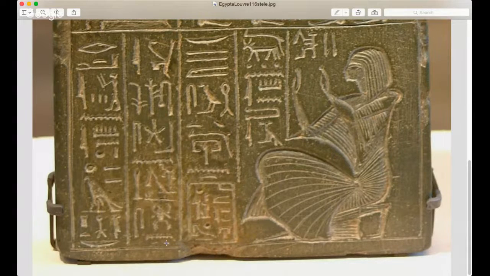All right. So if you just go through the whole column, just to give a translation, it's by the royal scribe.